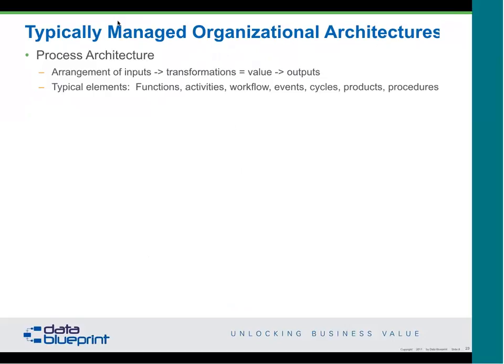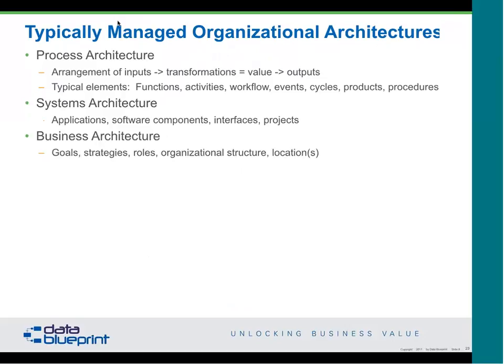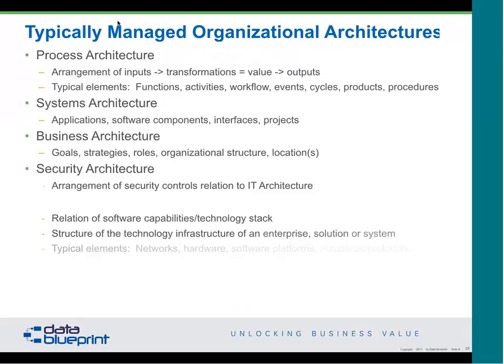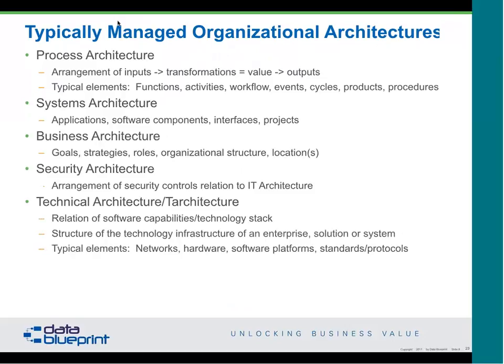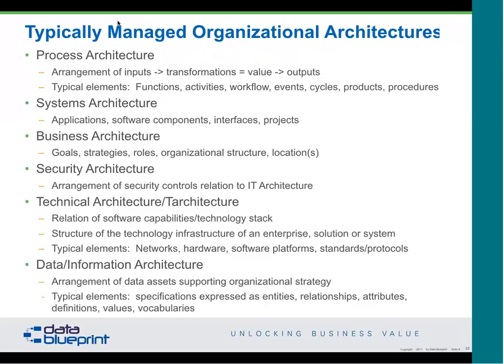Organizations then manage a number of different types of architectures. It could be a process architecture, a systems perspective, a business perspective, a security perspective, a technical architecture. Somebody said that should be called a tarchitecture. Okay, whatever. We're going to talk about it today from a business perspective, focusing in on the data.